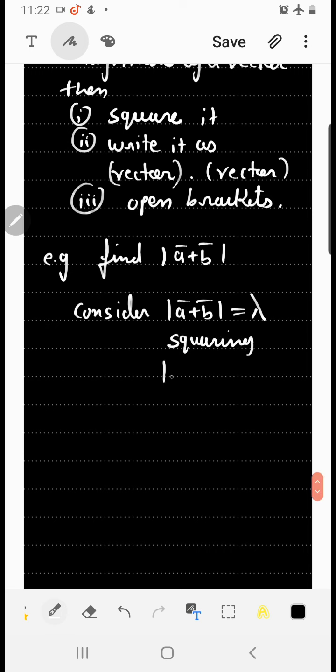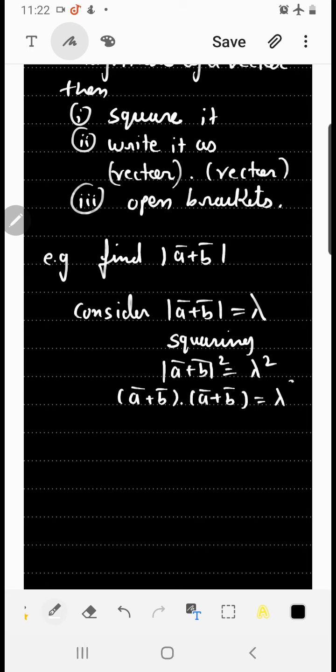If I square, I get mod of a bar plus b bar whole square is equal to lambda square. Now I write it as vector dot vector is equal to lambda square, and then we solve further. Solving further means opening the bracket. What to do and what result we will get, let us see in the question.